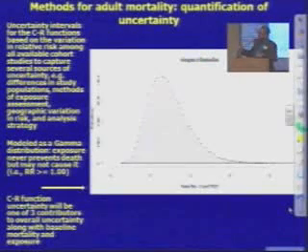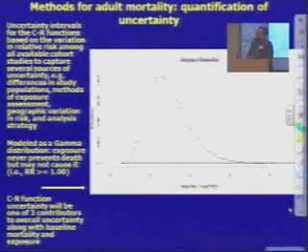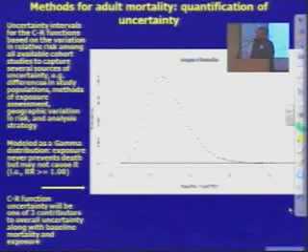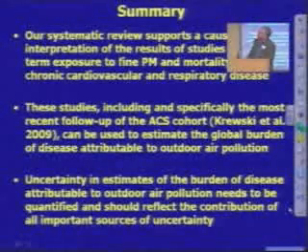So our uncertainty intervals are going to reflect those assumptions, and then, as I said before, they'll also try to quantify the uncertainty that comes from our method of estimating exposure and the uncertainty from the project-wide methods that are going to be used to estimate mortality rates. Next, please.